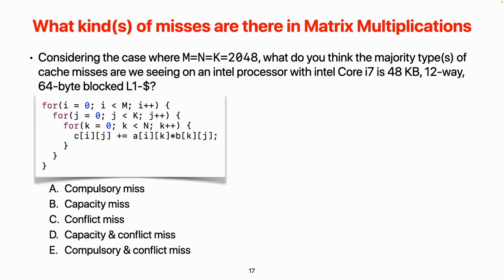So how many compulsory misses are we going to see here? First of all, how many memory accesses are we incurring here? How many total memory accesses?